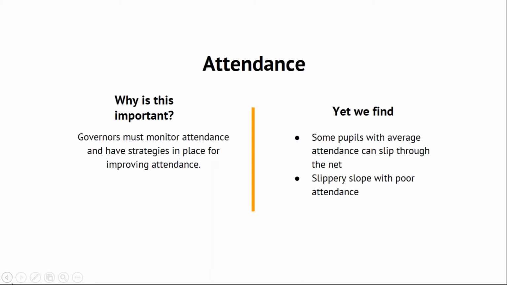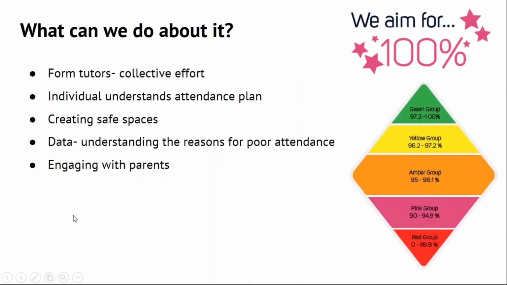So what strategies can we put in place in order to help with this? I'm just going to start with the second bullet point, which is that getting pupils to understand their own attendance and how they slot in with the rest of the school can be really important. So putting individual students on an attendance plan is a really powerful tool.